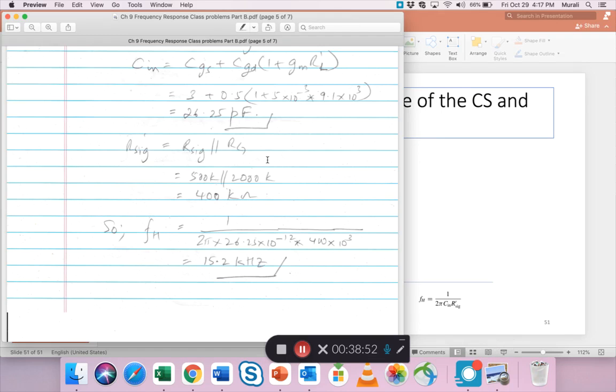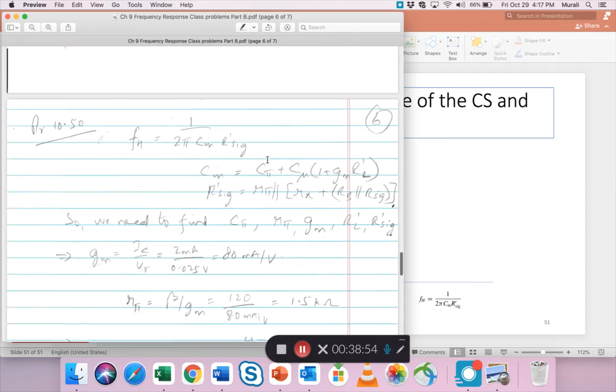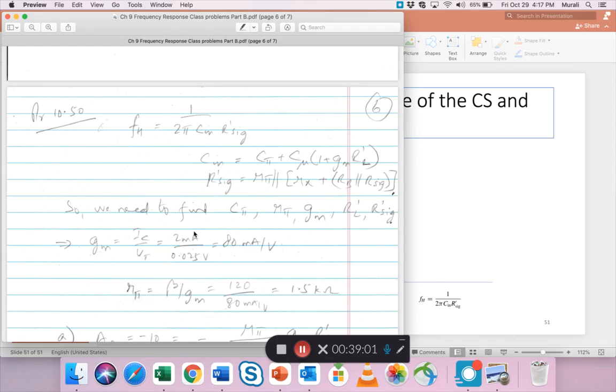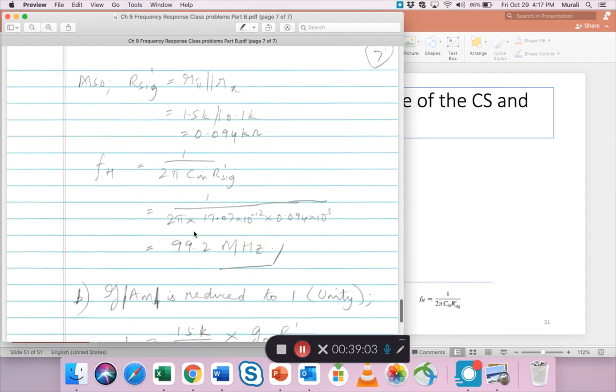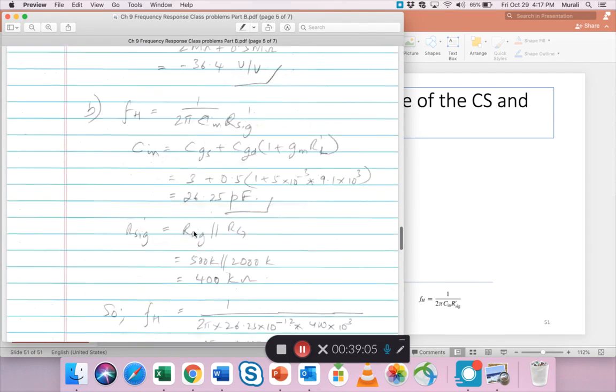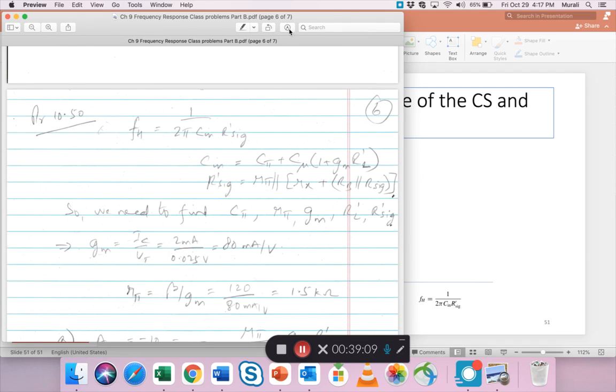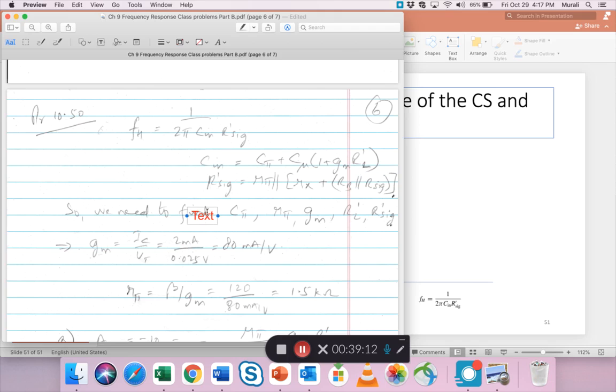Let's look at the solution. 939. I think this should be 939. I picked it from the other edition, the 10th edition.